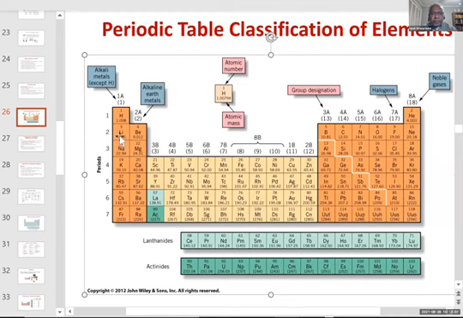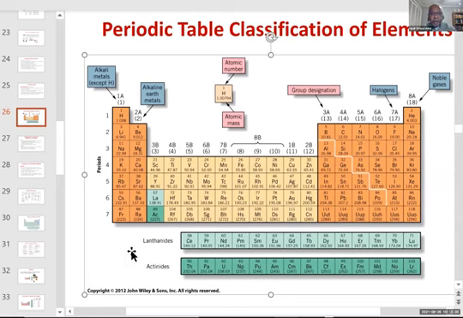So if you go with lithium, after you go over a period here and come back to here, you have the same chemical properties. Magnesium, if you go through here, a period is going from that to the bottom of it.